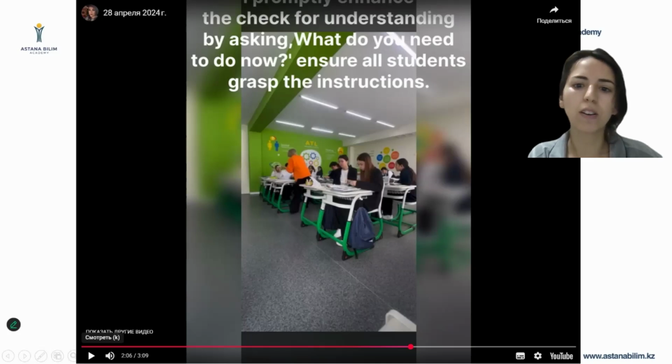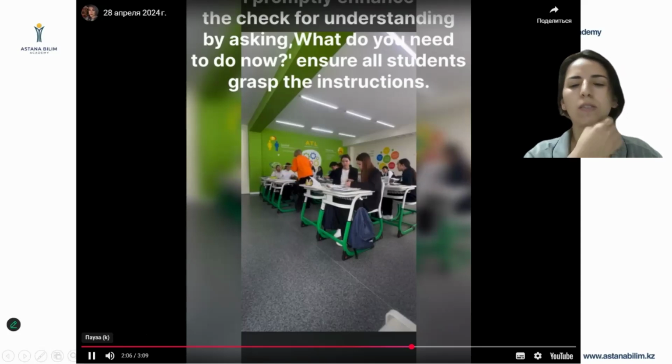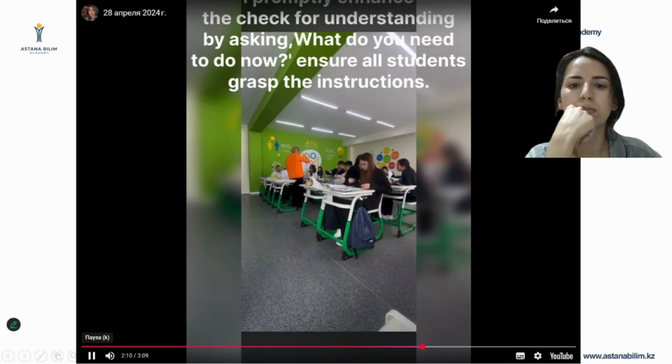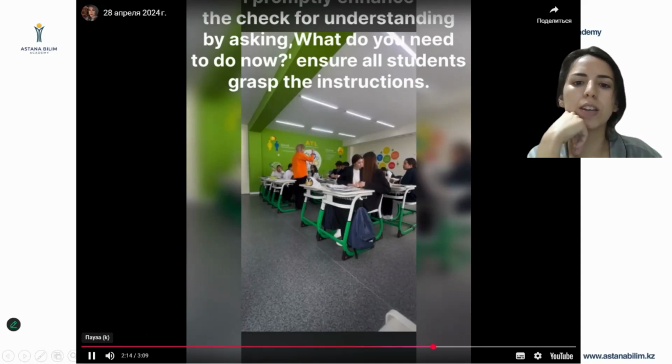Rich technique, yes, reorganizing students. So pair work, then instructions, then checking instructions. What do you need to do now? And then the teacher is giving handouts, the very last stage. Clarifying the instructions again.